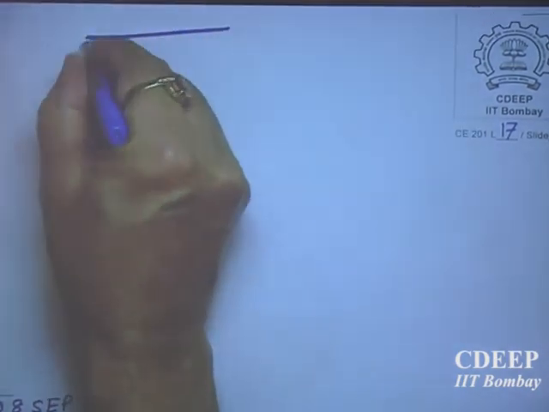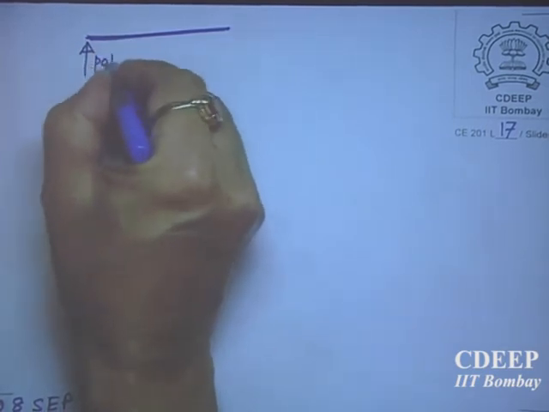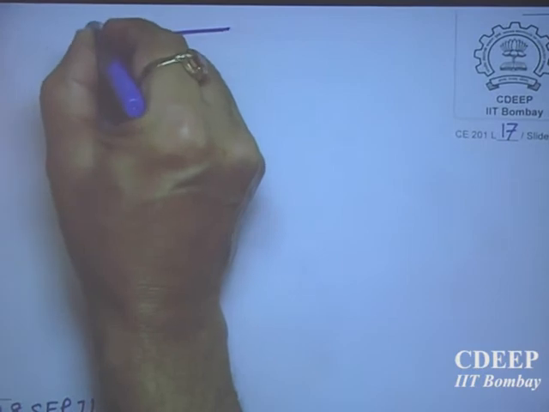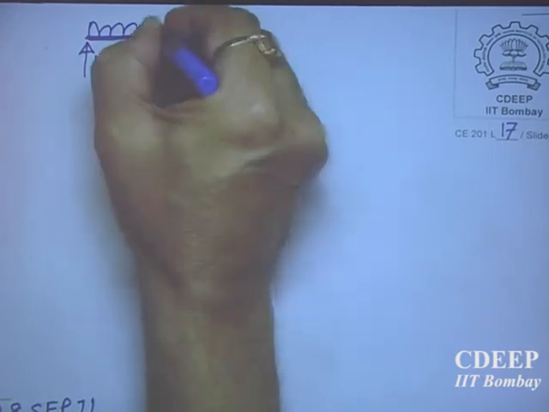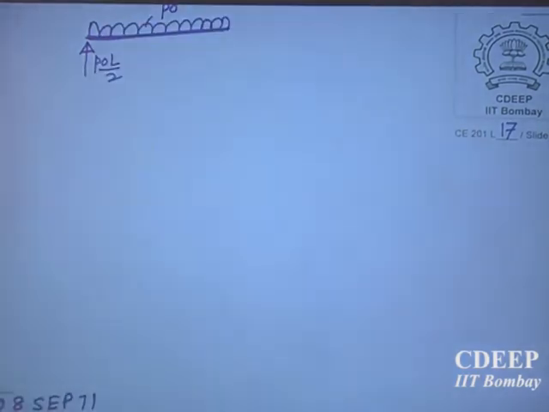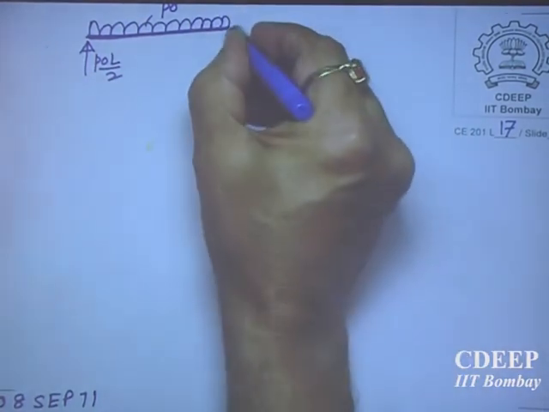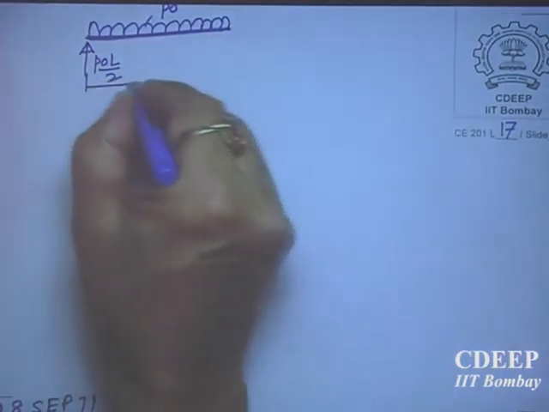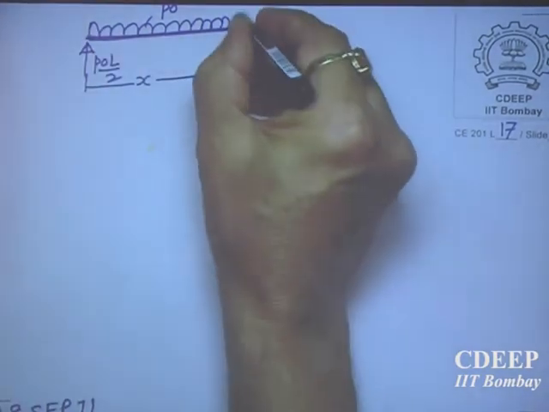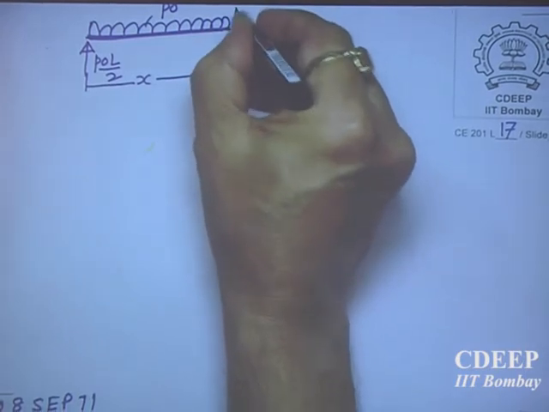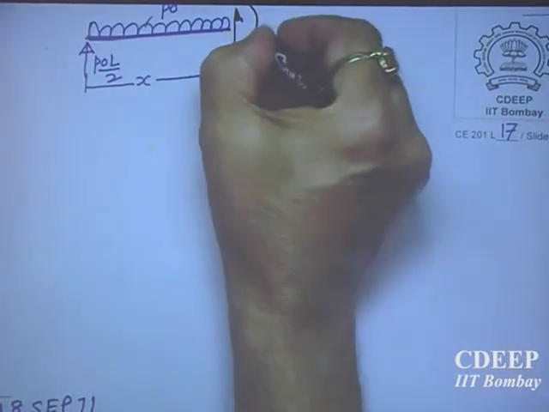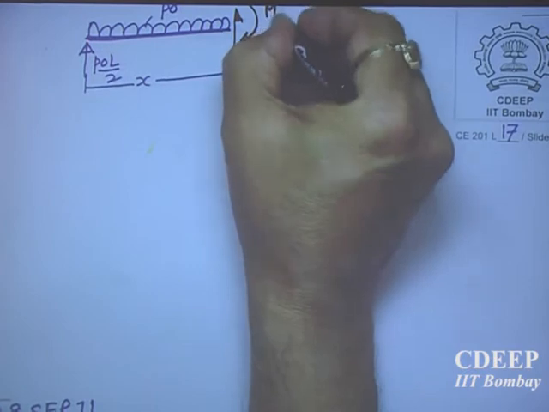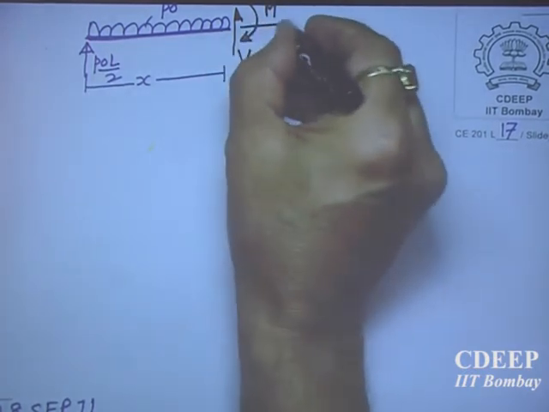The reaction P naught L by 2 is here, and there is a UDL of P naught downwards per unit length. At this cross section, a distance x, you will have a shear force. Always show your positive sign convention: positive shear force is like this, positive bending moment is like this, and positive axial force is like this.